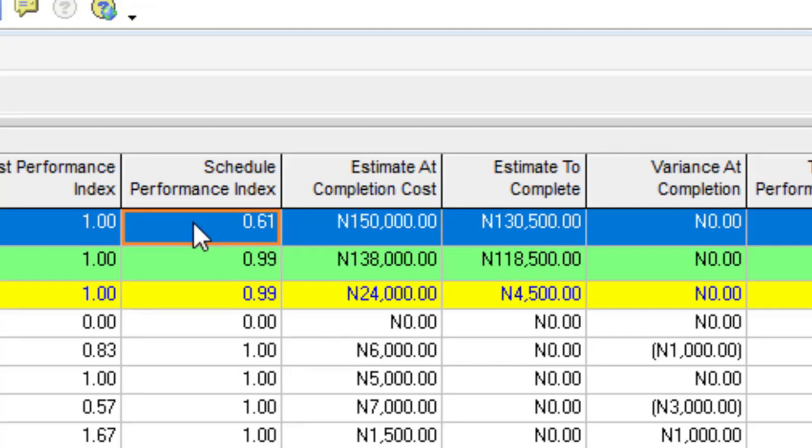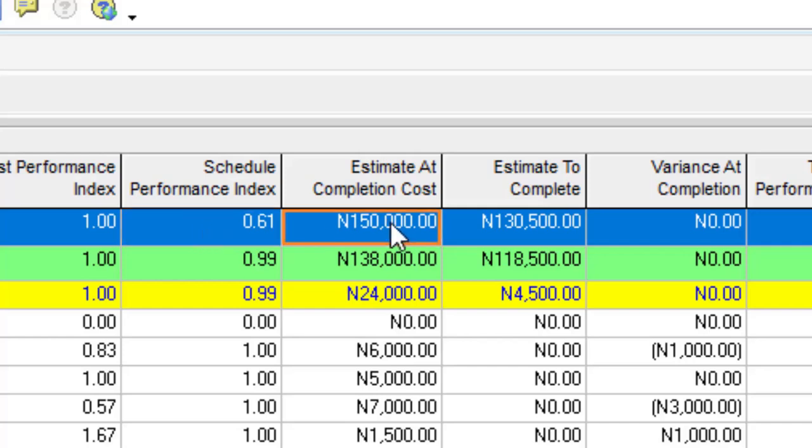That is 0.61. So what this simply means is that for this particular project, we are progressing at a 61% rate. So we're not progressing at a full rate of the originally planned progress. So that's exactly what the 0.61 here shows.